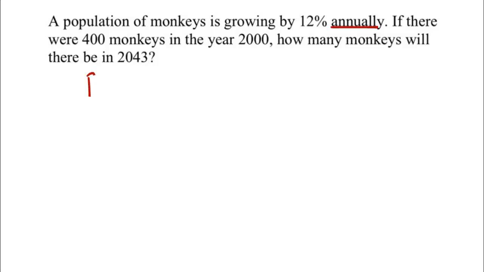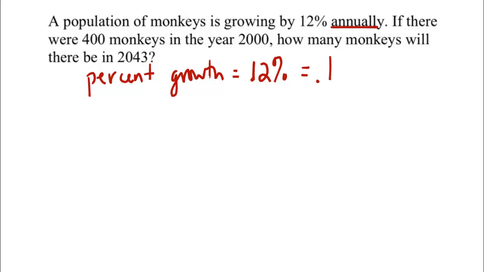So I know that the percent growth is 12%. In decimal, of course, that is 0.12. So population of monkeys is growing by 0.12.